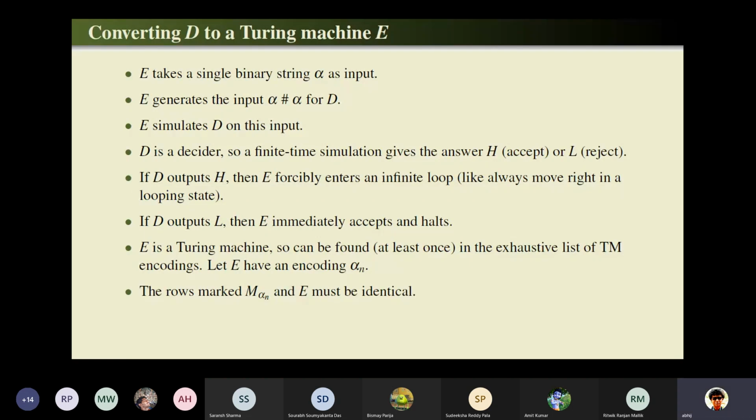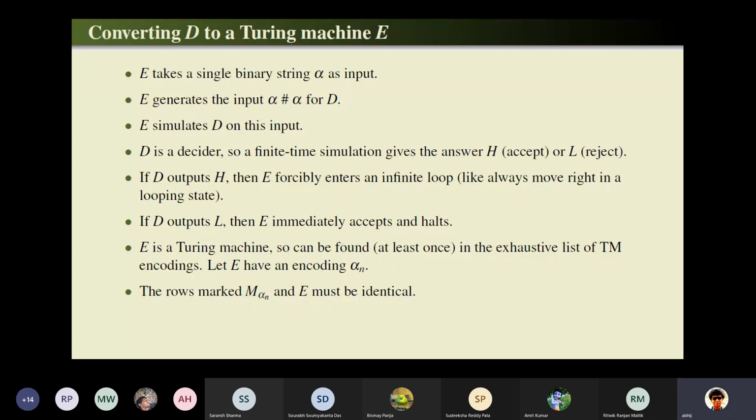And then the rows, we are talking about the same Turing machine, M alpha n and E. So their halting and looping pattern must be identical on all inputs. Right? The two rows must be identical. But the way I have generated the row for E indicates that as the nth element, their behavior is different.